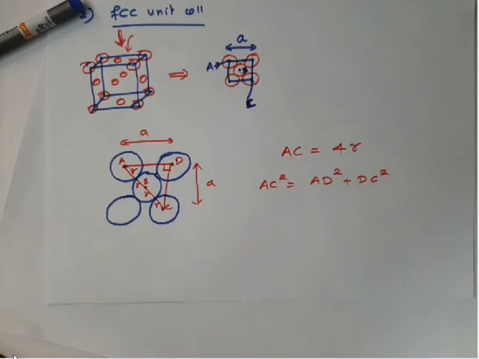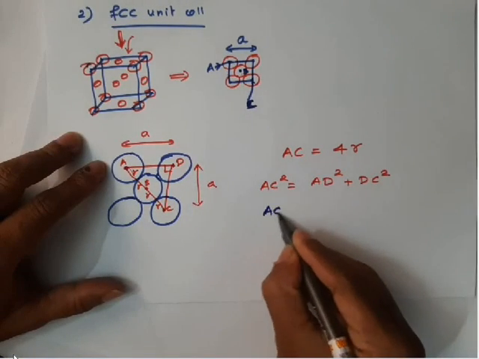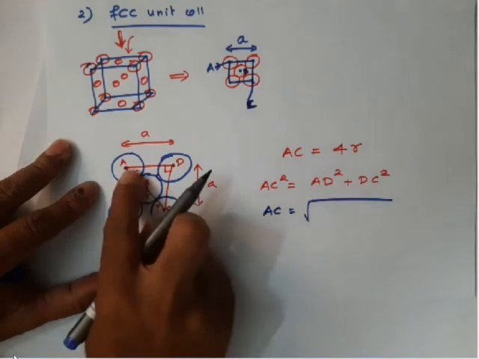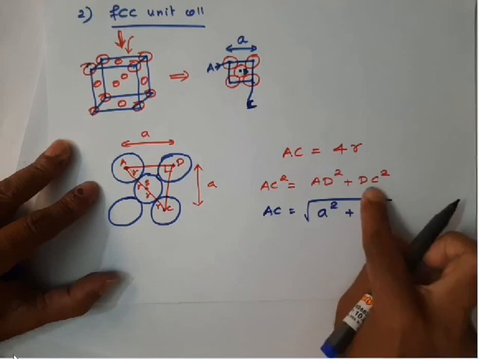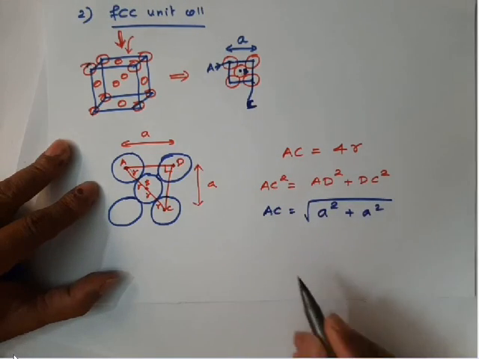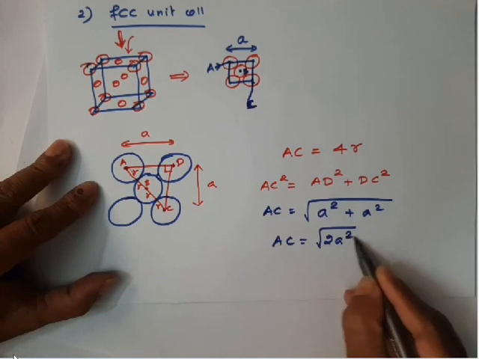Am I right, students? Yes. Now AC equals square root of, what is the length AD? AD is nothing but edge length, which is A square. What is DC? DC is also edge length, which is also A square. So AC equals root of 2A square.